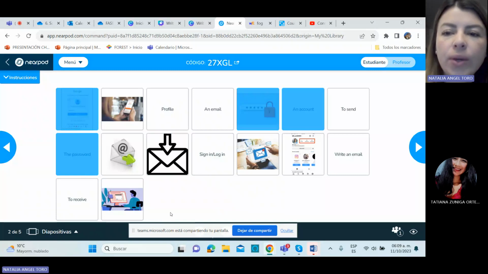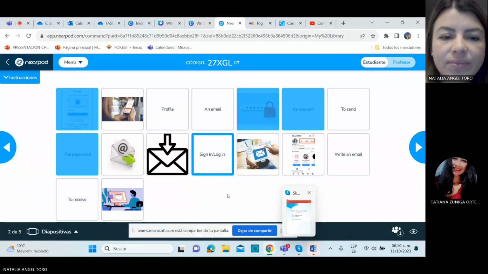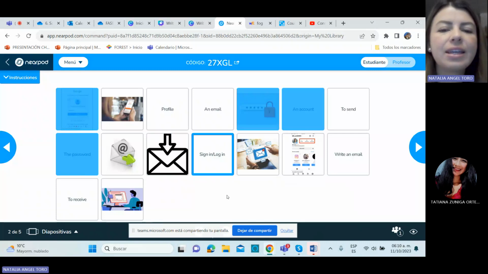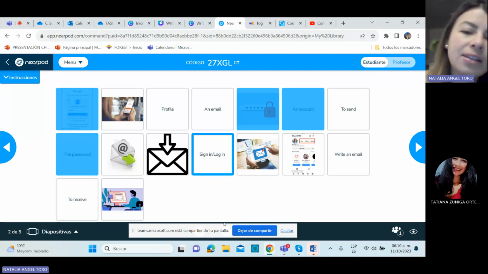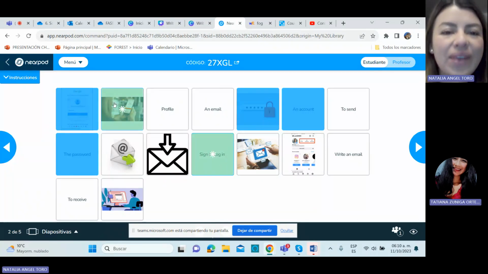What about sign in or log in? Which is the picture? Do you know what sign in or log in is? Have you ever seen those words before? The second one.